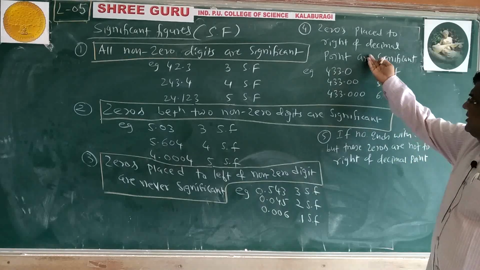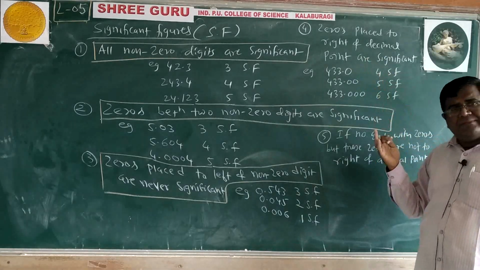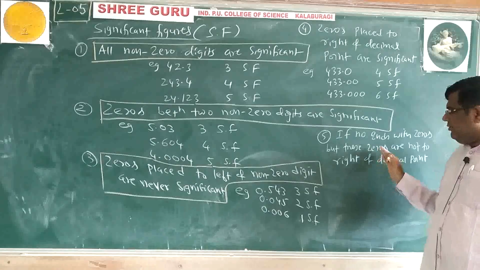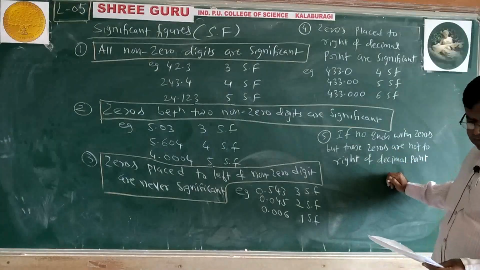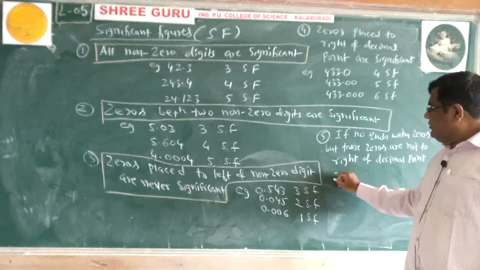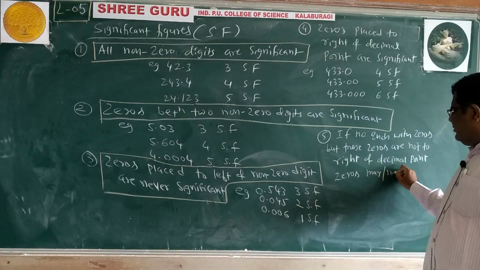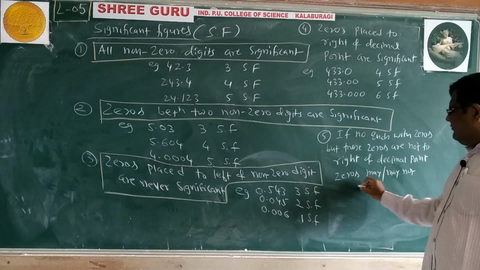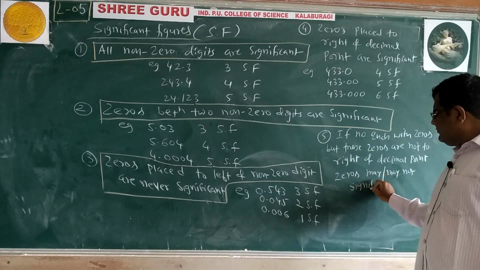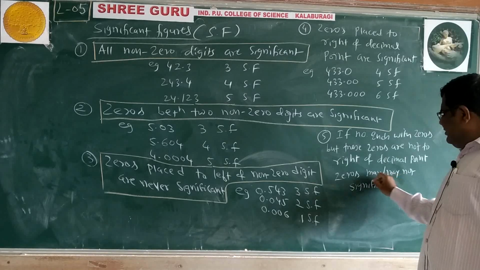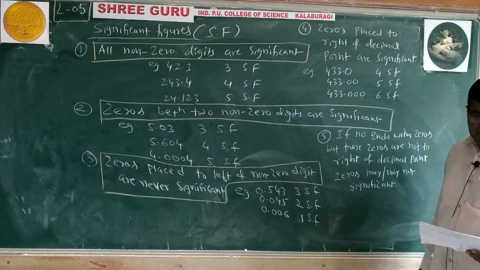Because if they are to the right of the decimal point, we already settled it. They are significant. But if they are not to the right of the decimal point, zeros may or may not be significant. The zeros may or may not be significant.